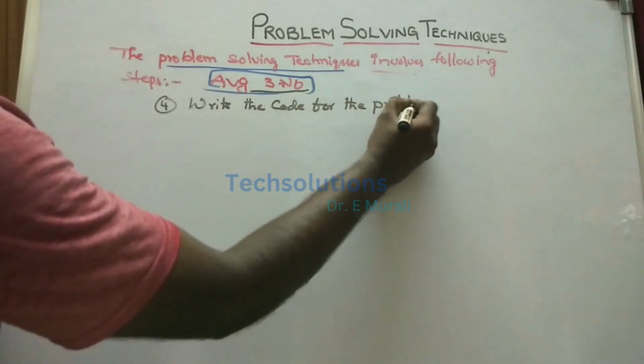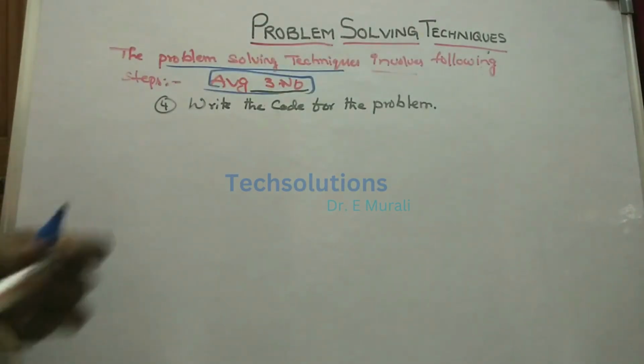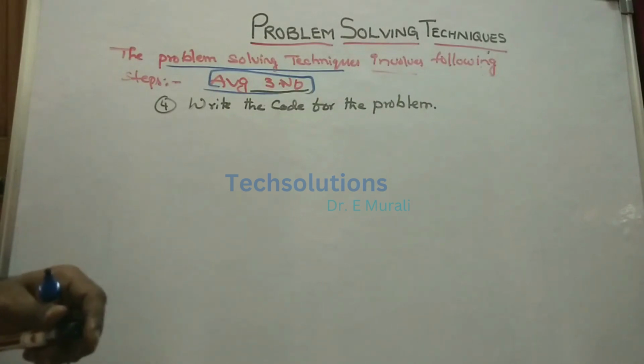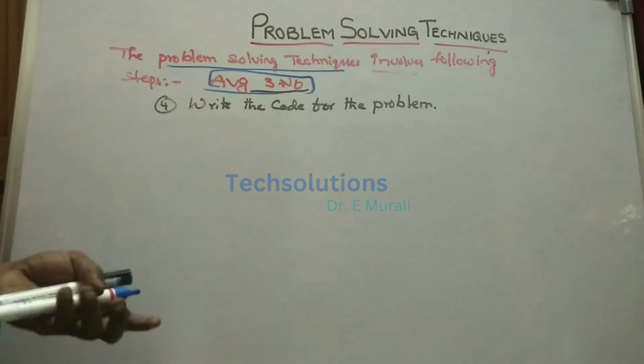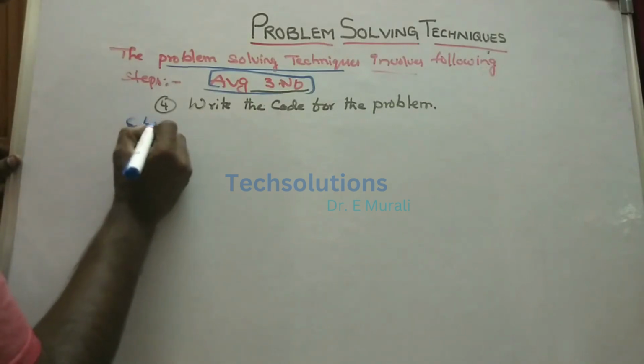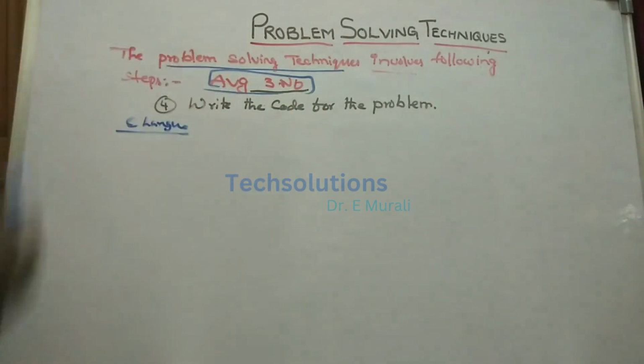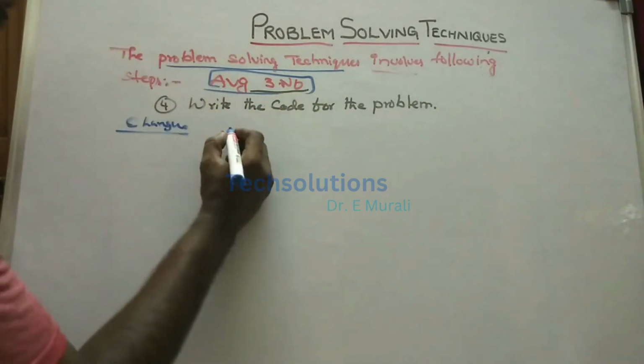Writing the code depends on the programming language, meaning converting the solution into any programming language. Here I am using the C language. How can I solve my problem? Simply I have to write the code.